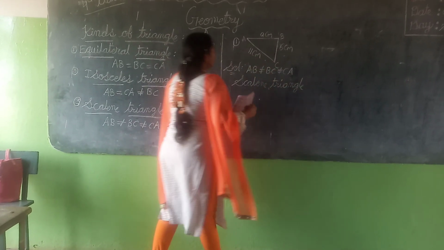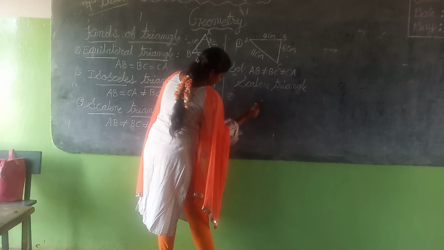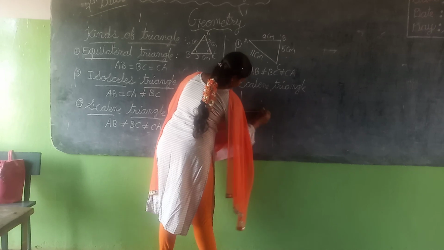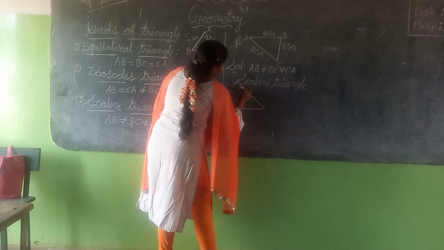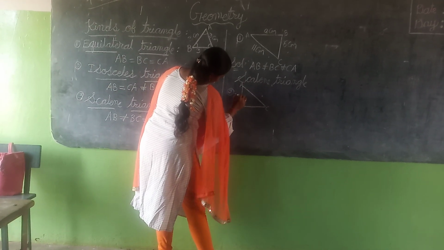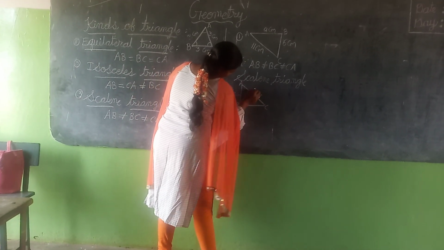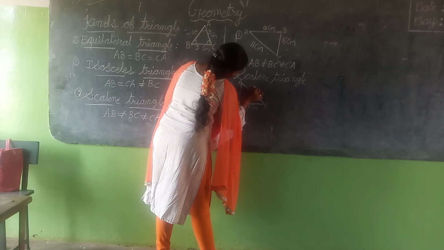Okay. Next, second question, draw. In this triangle A, B and C, side AB is 3 centimeters, BC is 4 centimeters, CA is 5 centimeters.